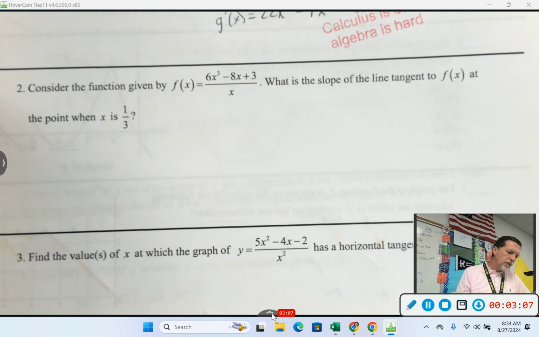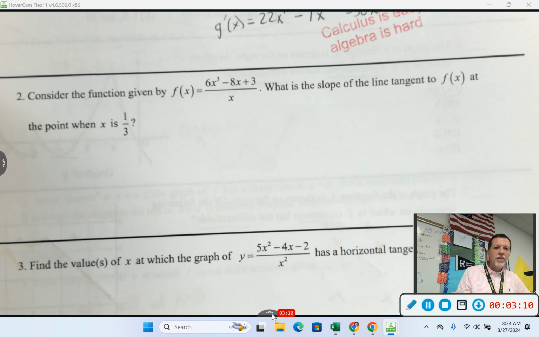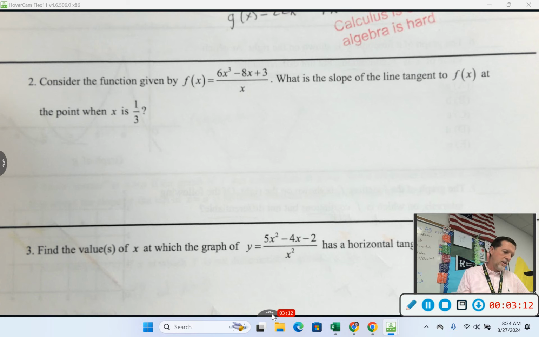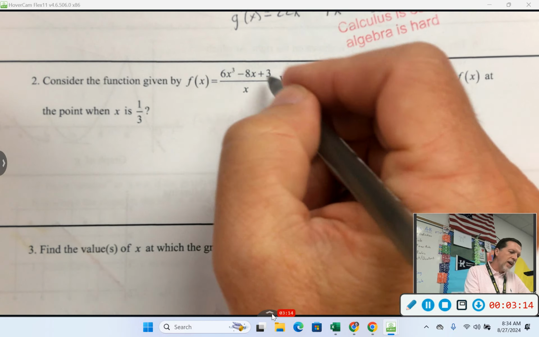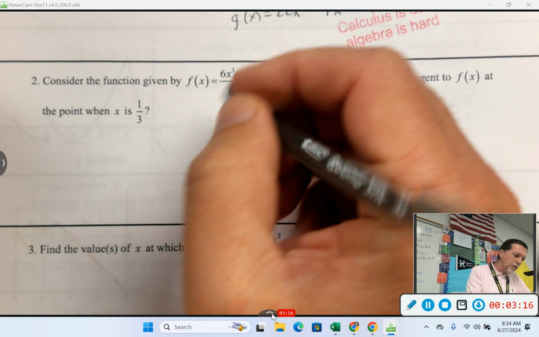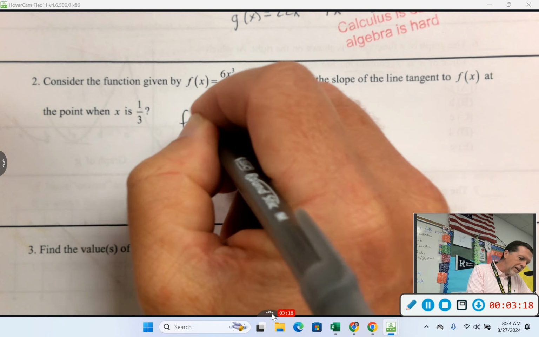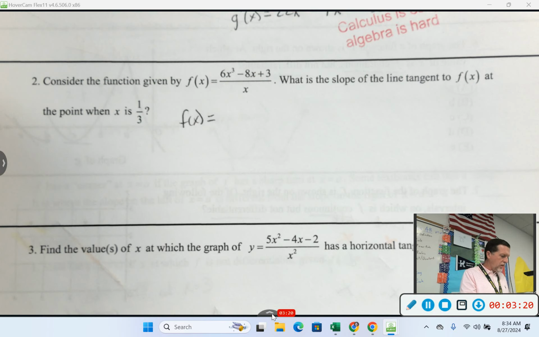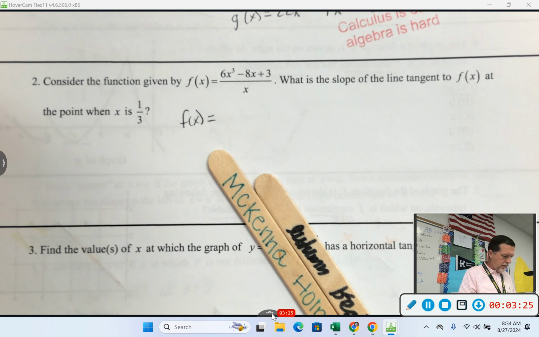What do we want to do first on number 2? Move that x out, or divide by x, or move it to the top, rewrite it, however you want to phrase that. Algebra step first. So let's pick on 3 people to divide by x.